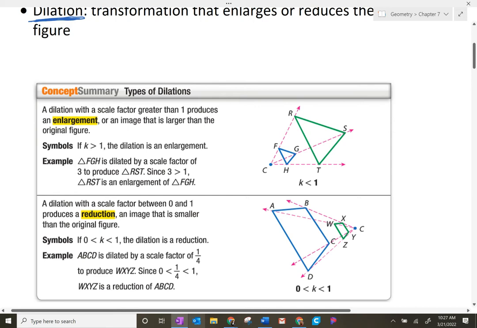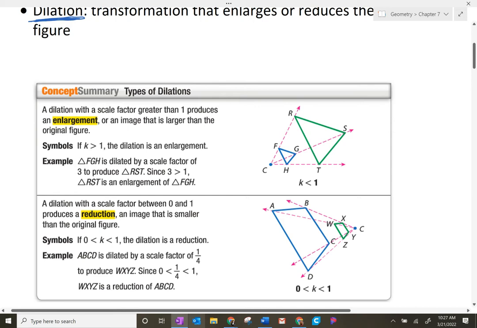So for this example, just to show you what's going on, you don't have to worry about these extra lines if that's too confusing. My blue shape is going to be what it starts off as, and my green shape is the new one. As you can see from the blue shape to this one, it's getting bigger.